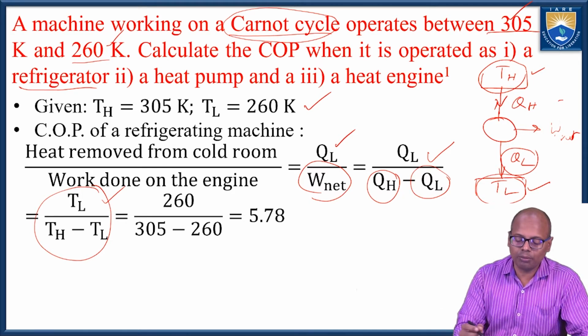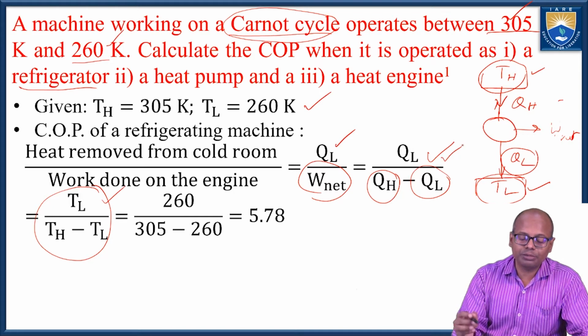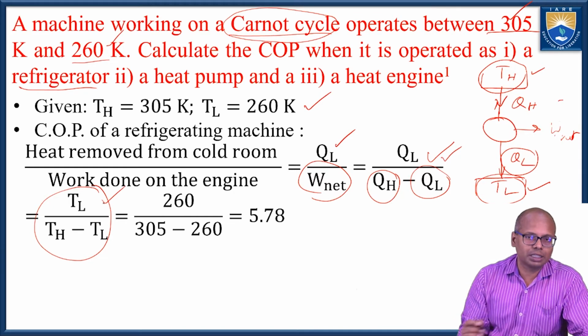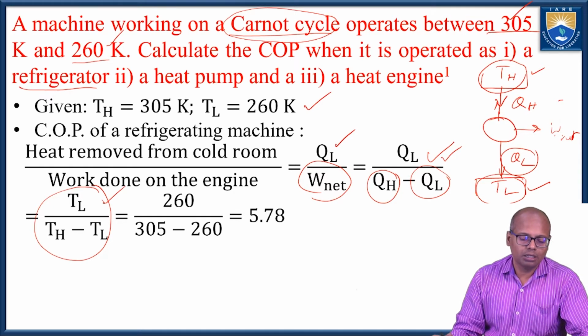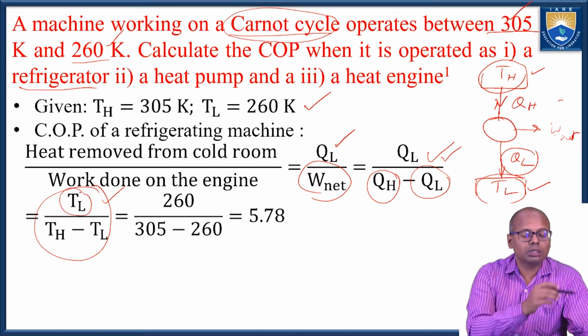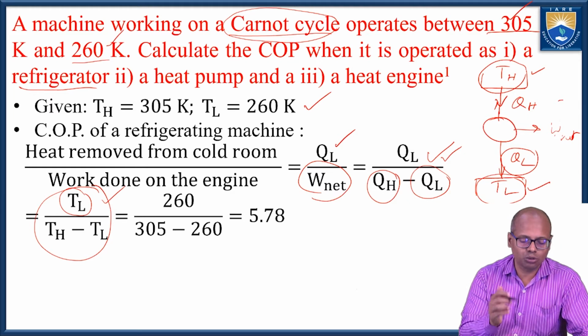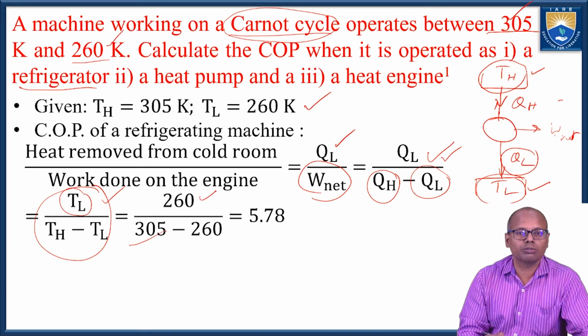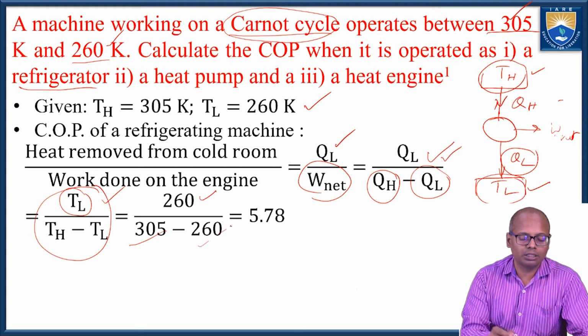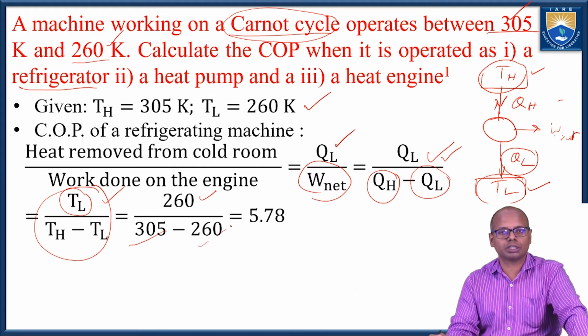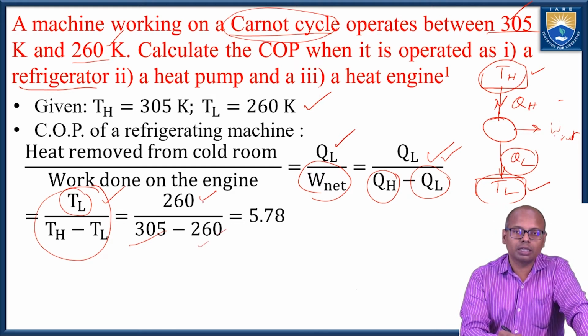Okay, so the same thing can be expressed in terms of temperatures, and it is like this. Now, TL, the lower temperature reservoir temperature. So the lower temperature is 260 Kelvin and the higher temperature is 305 Kelvin. So here directly they have given in Kelvin.